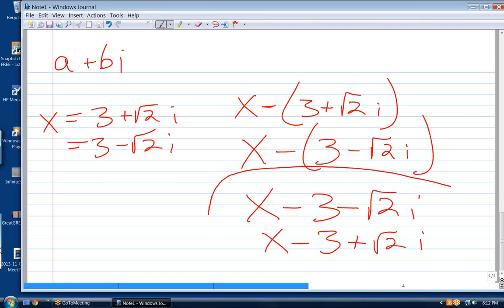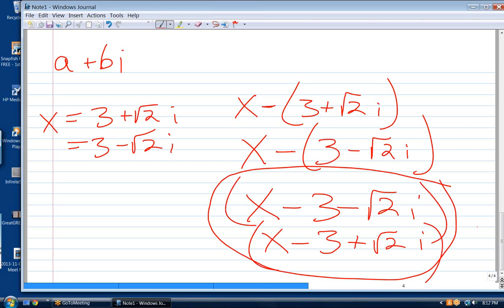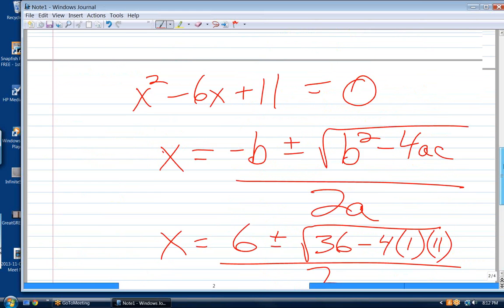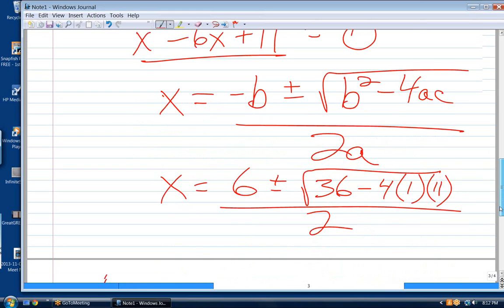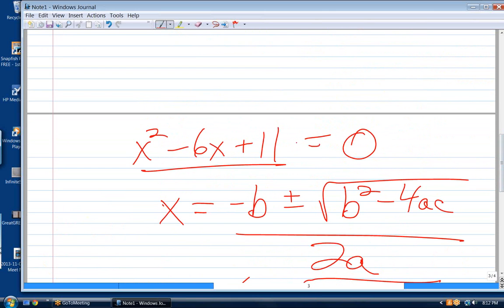So those would be the linear factors. In other words, that times that is going to equal that. So you want to know not only solutions, but what factors they translate to.